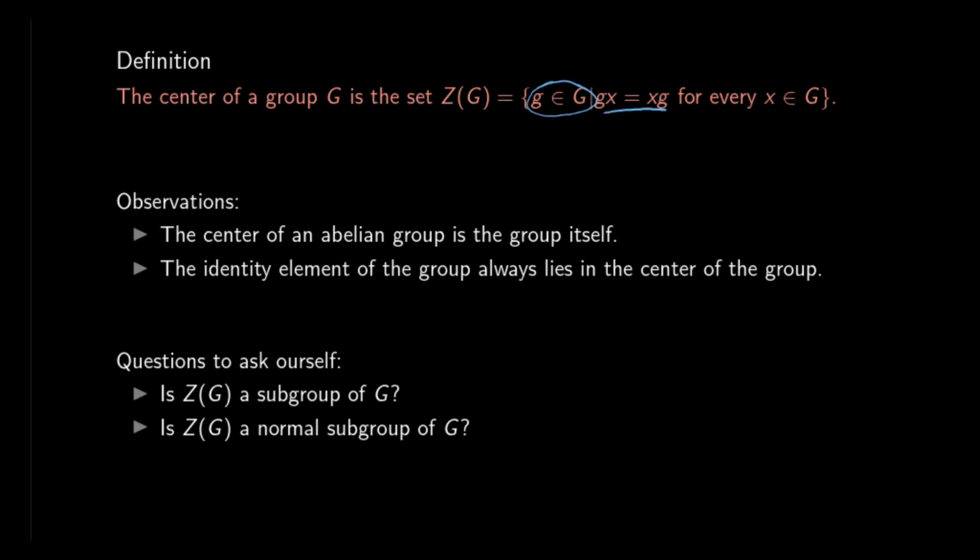Now, we should ask ourselves a few questions. 1. Is Z(G) a subgroup of G? And 2. If Z(G) is a subgroup of G, is it a normal subgroup of G? You can pause the video here and try to answer these questions.